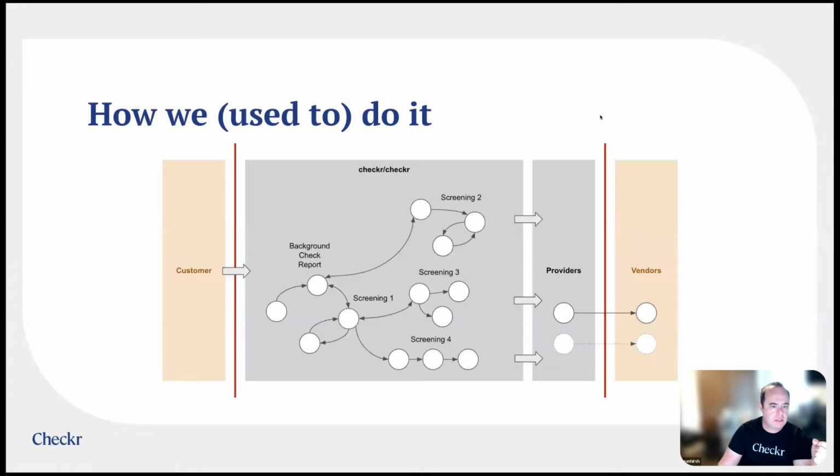And okay, so this is kind of how we used to do it, and a little bit of how we still do it now. You can see that it looks a bit messed up. There are bespoke state machines and various weird definitions and processes for each check, and each screening can actually reach into the internal details of other screenings.